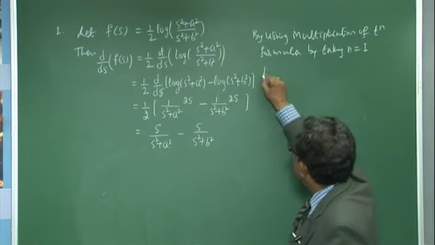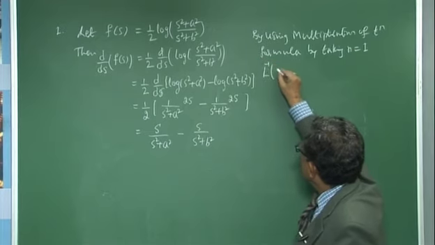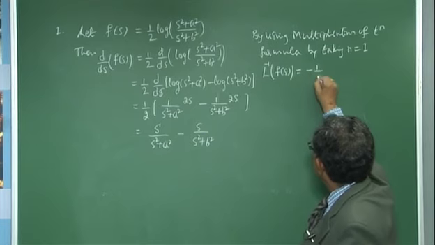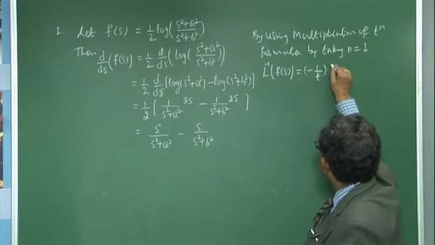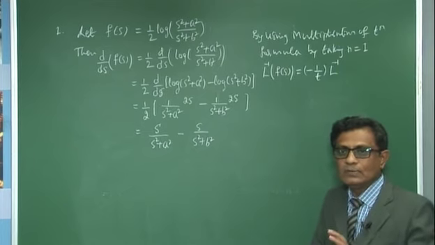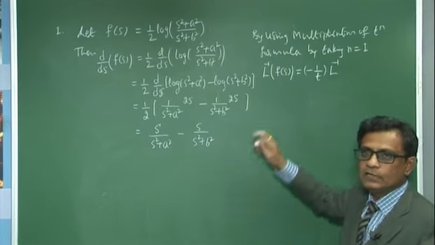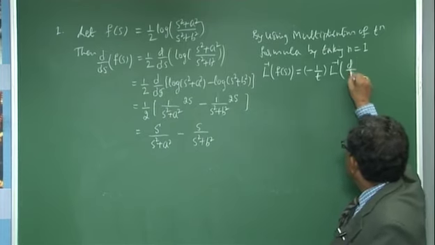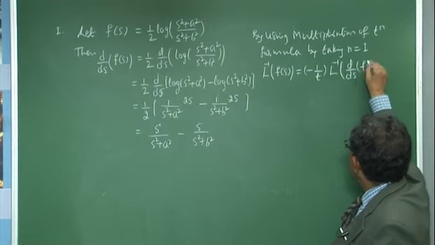What is the formula? L inverse of f of s is equal to minus 1 by t, L inverse of d by ds of f of s. You have to remember the formula. The formula is very important.